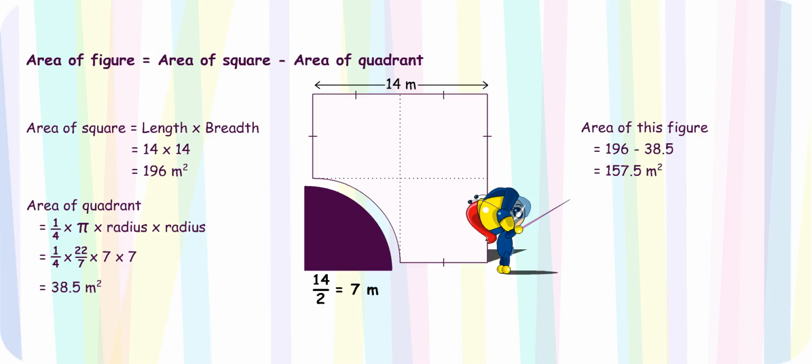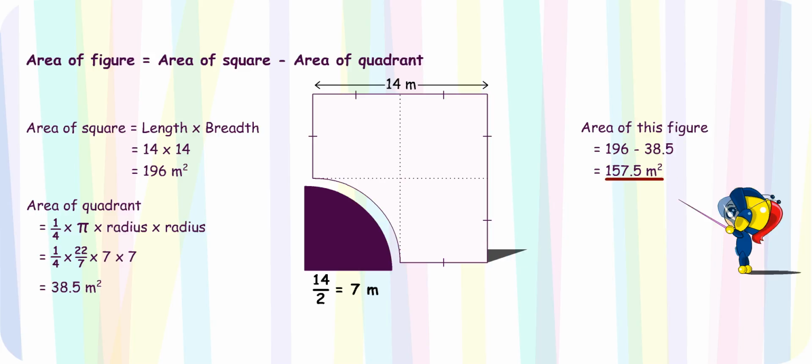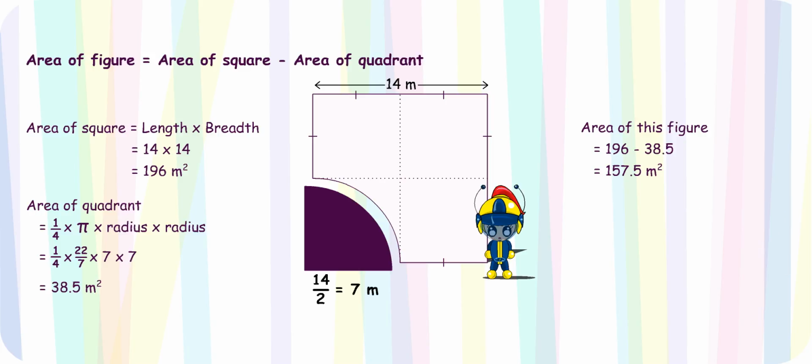The area of the figure equals 196 square meters minus 38.5 square meters, which equals 157.5 square meters. That is correct, Turbo Girl.